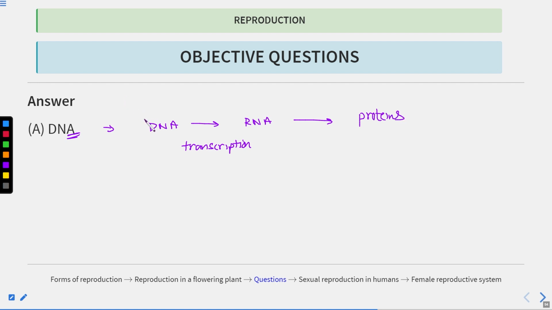So the information in the DNA is finally translated into proteins. So from RNA to proteins, this process is known as translation, and this is known as the central dogma. Clear?